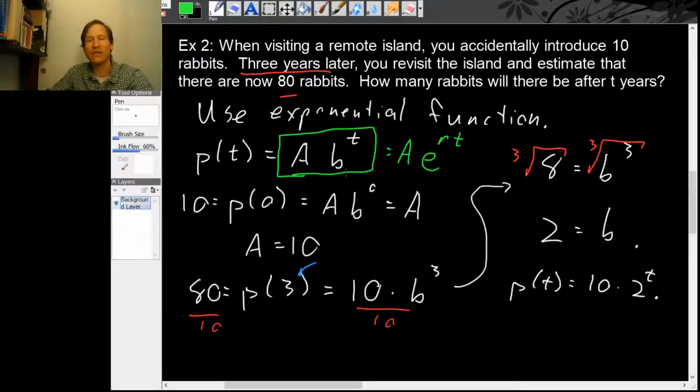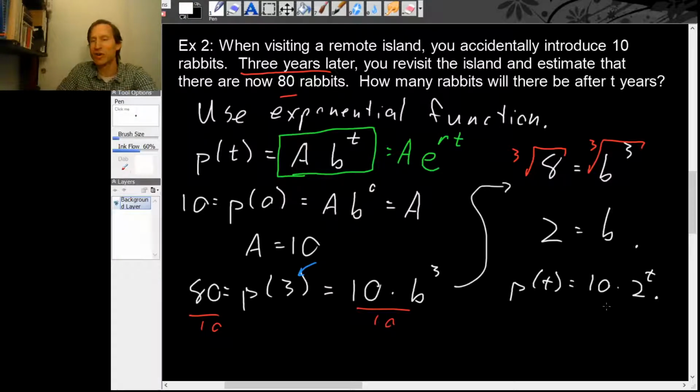You can either let the base be anything, but the exponent has to be just t, or you can always have the base be e, but the exponent might have a constant multiple in it, which I've called r here. You can use either one, and you can go from one to the other, but different groups of people have different conventions. So often you'll see exponential functions written with the base always being e, and there being some number in the exponent multiplying time.